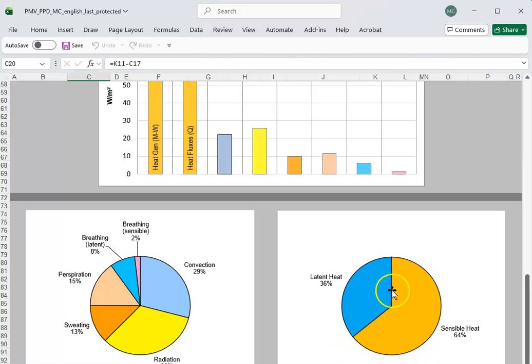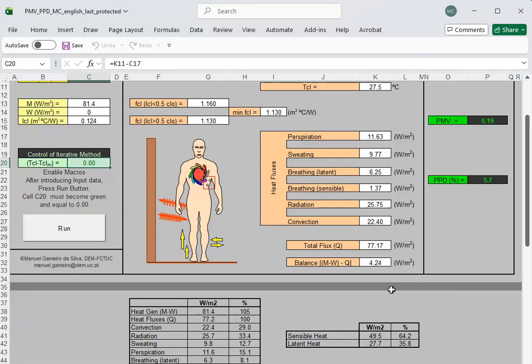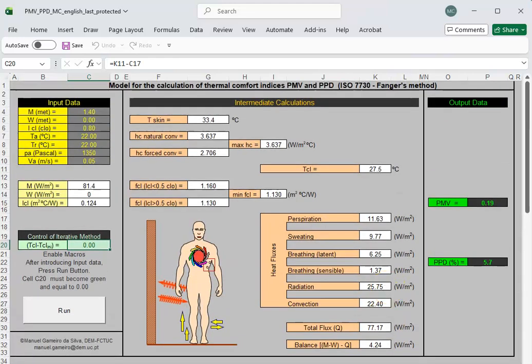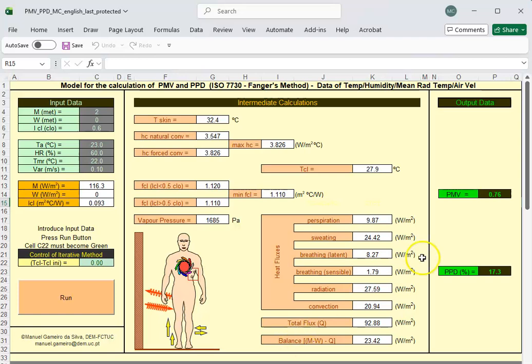Besides this spreadsheet that I was showing, there is a second one. It's this one that I'm showing now. The only difference is that instead of having as an input value the partial vapor pressure, which is not the type of value that we get directly from the measuring equipment, we have the possibility of doing the calculation based on the air temperature and the relative humidity.